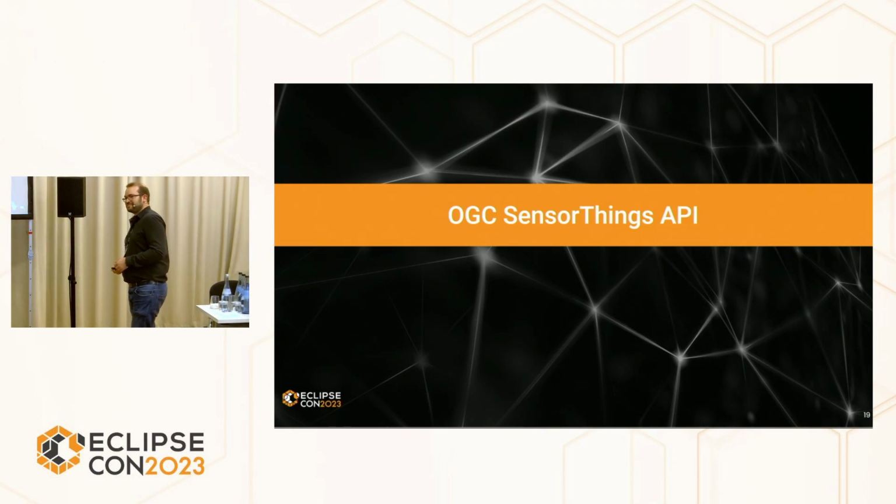So, the subject of this talk. SensiNact is a platform that is used by many cities. And one of them, the city of Vienna, asked us one day to see what we could do with that OGC SensorThings API standard.